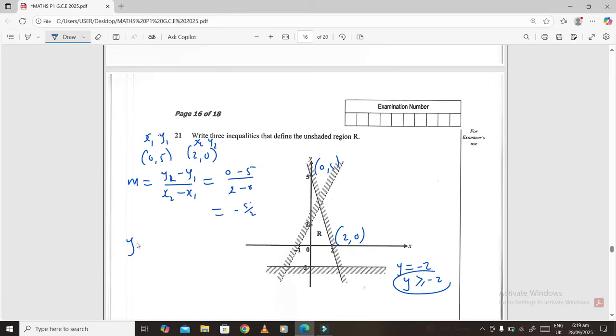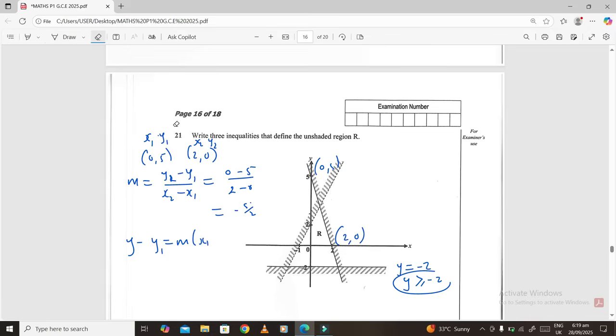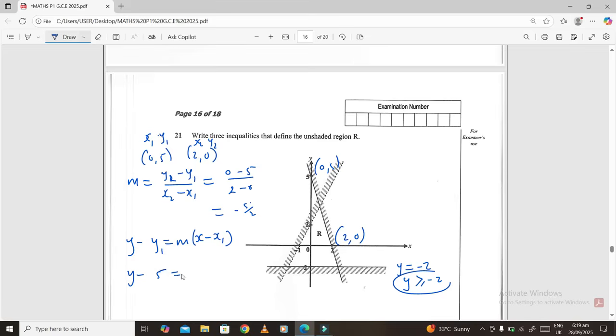So now we use this formula for finding the equation of a straight line right over here. This is the formula we're going to use to now find the equation of a straight line. So we can now substitute y minus y1, it's 5, which is equal to m, -5 over 2, and then x minus x1, it's 0.